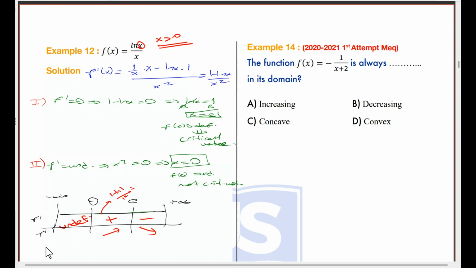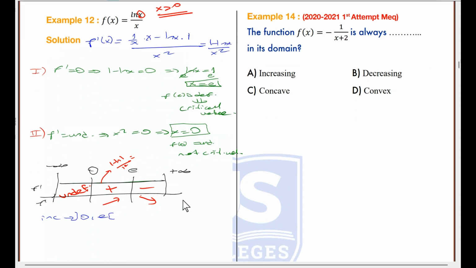So the increasing interval is from 0 to e, while the decreasing interval is e to positive infinity. And I also see a local extrema. When the function is increasing at first and then decreasing, it yields a local maximum at e.